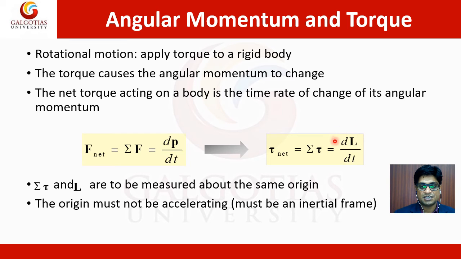So the rate of change of angular momentum will equal the torque. So torque is equal to dL by dt. In this way, we can say that force is analogous to torque and linear momentum is analogous to angular momentum.